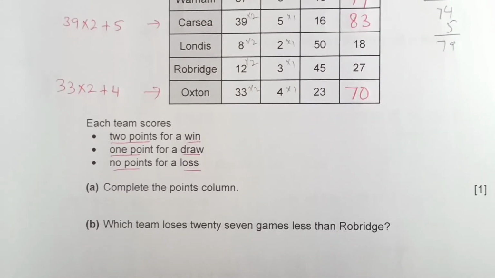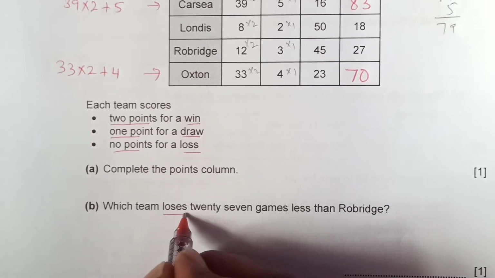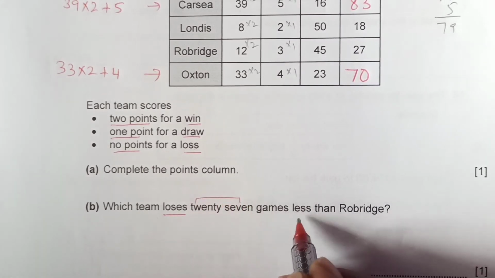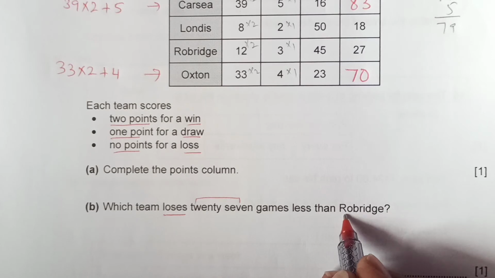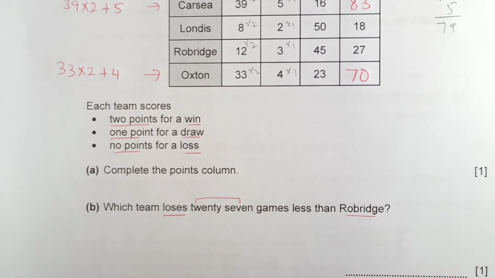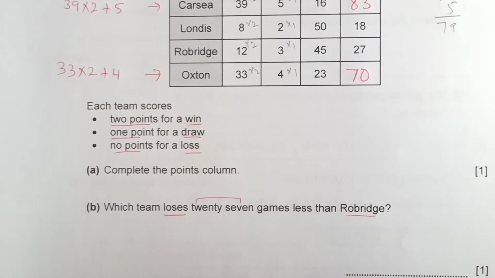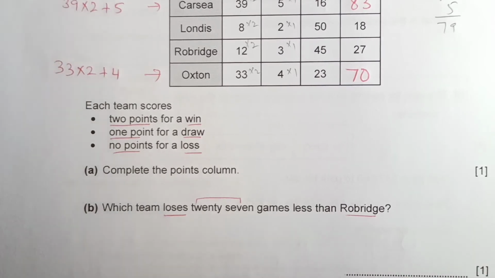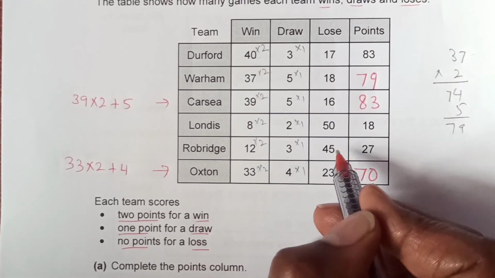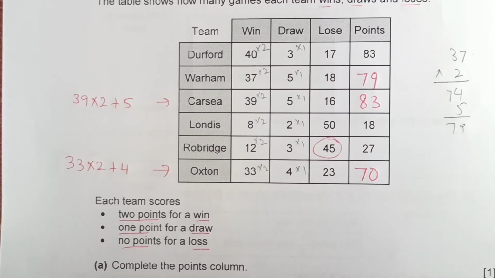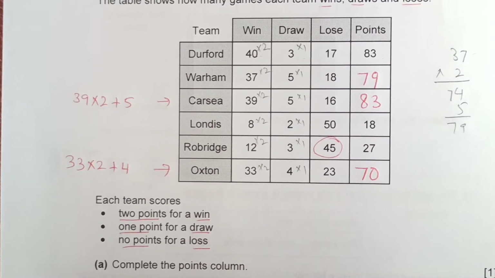Now, which team loses 27 games less than Robridge? 27 less than. So you can directly do here, which team than Robridge. You see, where is the Robridge? Robridge, it is 45. 27 less than this.